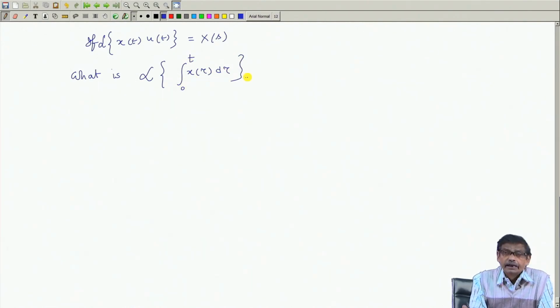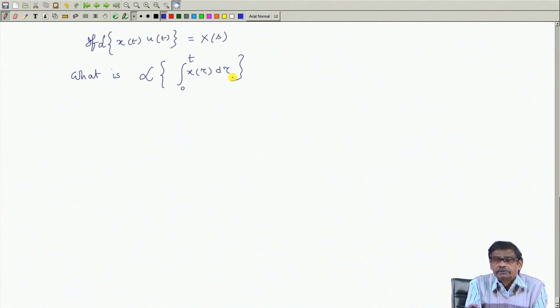Mind you, I am writing it this way because ultimately the result has to be a function of time. This integration will confirm that. When you carry out this integration, you will get the area under the curve up to time t. So what is the Laplace transform of this one? I want to find out. Clear?